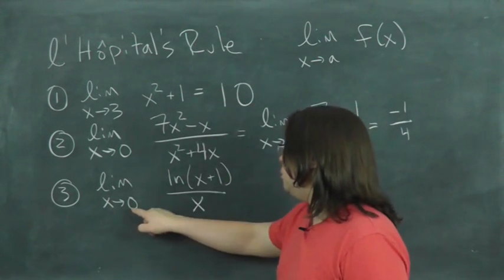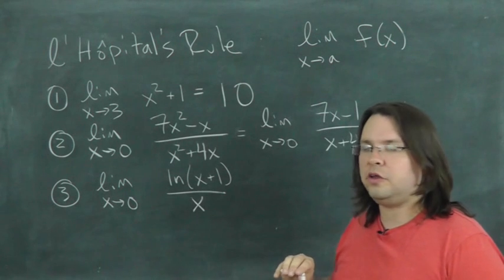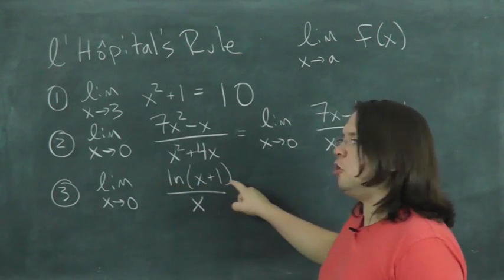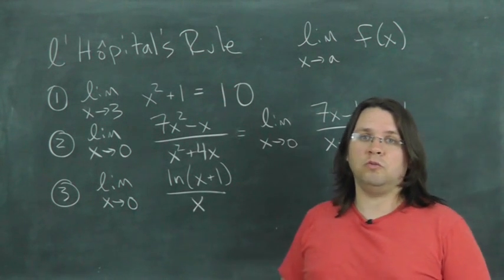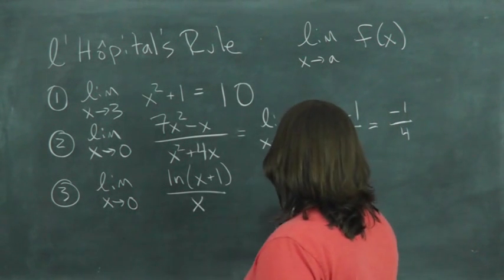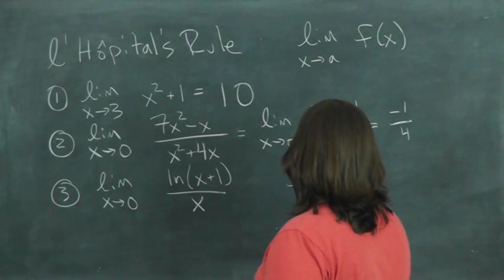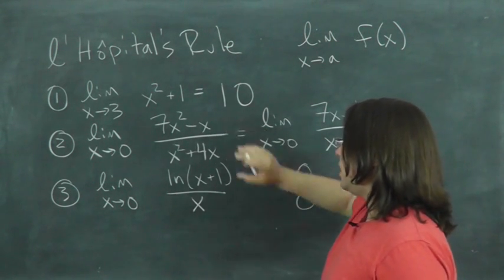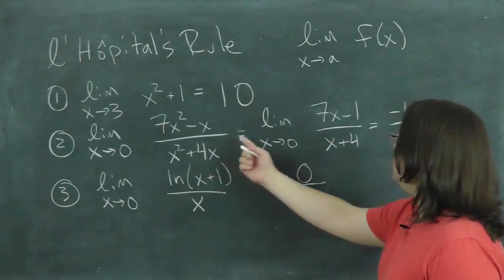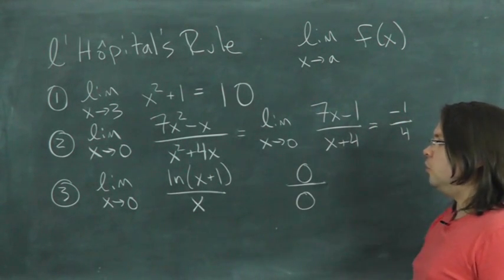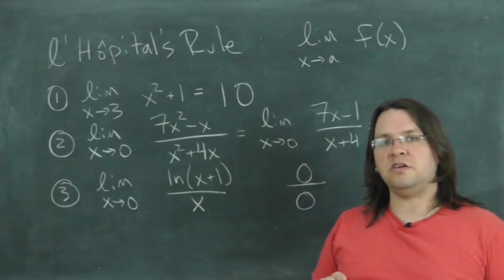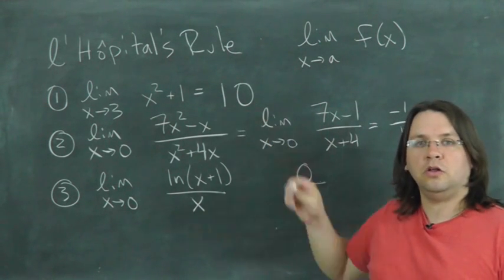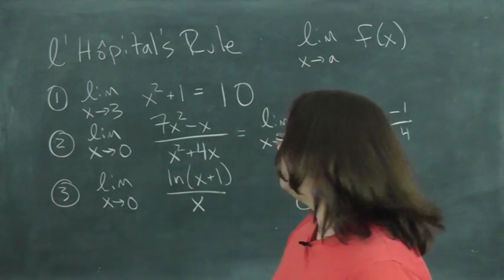And if we plug x equals 0 into the top and the bottom separately, well, we get 0 on the bottom, and we get the natural log of 0 plus 1 on the top. And the natural log of 1 is also 0. So this is something which, if we just plug in the value, we get 0 over 0. That was the problem we had in the second example. But in the second example, we could do this cancellation trick. L'Hopital's rule, on the other hand, is precisely designed to compute the limit in this case, where we can't just cancel out some powers of x.